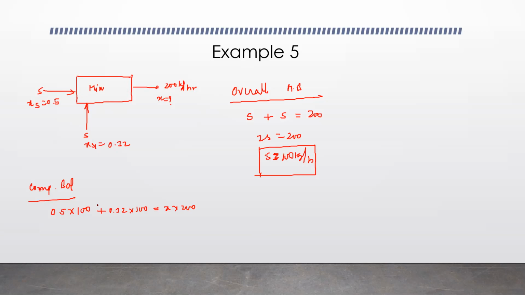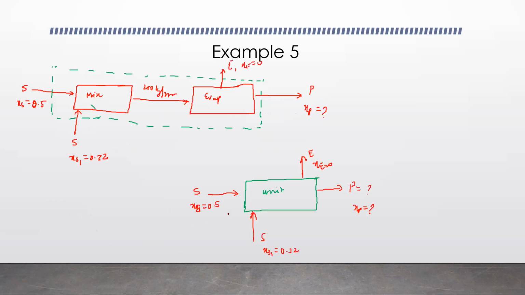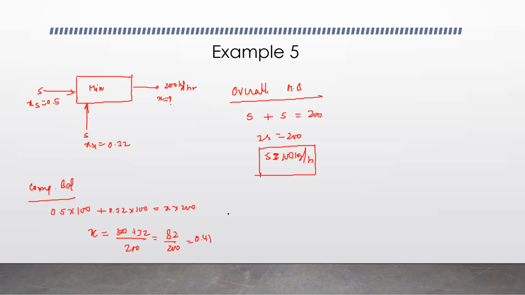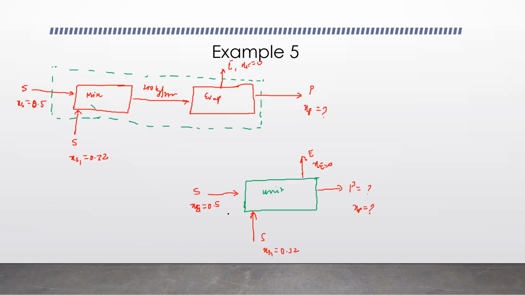So from here you are going to get X is equal to 50 plus 32 by 200. That is 82 by 200, that is 0.41. This is the concentration of sulfuric acid over here, 41%. Then we go back to the block diagram for the green one, and let's see what all values we have now. We have S, that is 100 and 100.